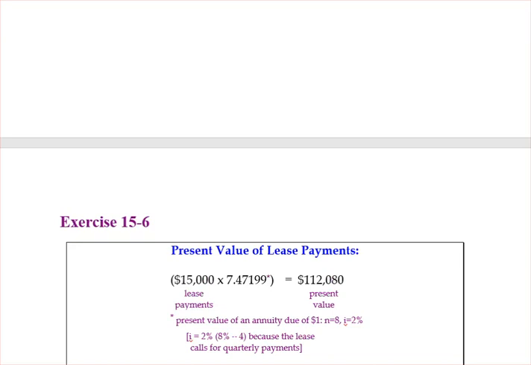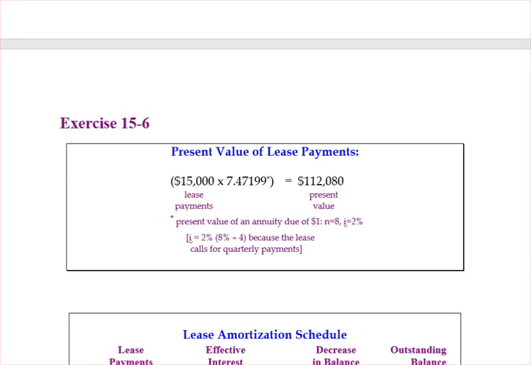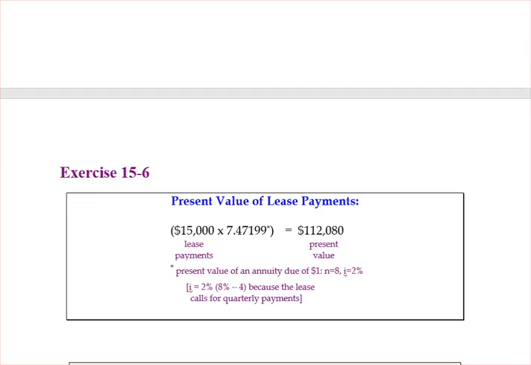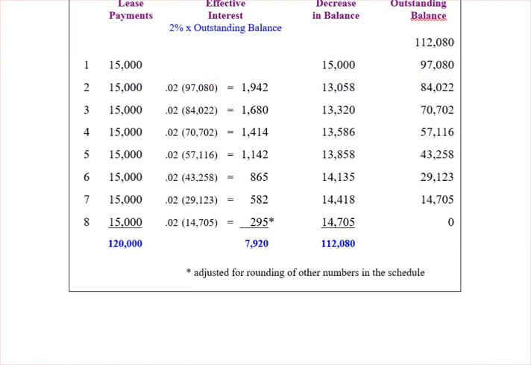You may round to dollars. It probably makes your work easy. Notice here the fair value of the asset was $112,080, which is also the same thing as the present value of the stream. Whoa, 100%, right? And that's one of the criteria. Certainly above 90% at 100%.